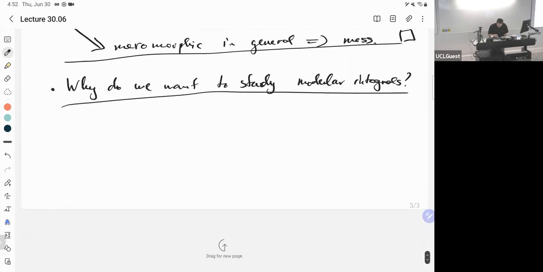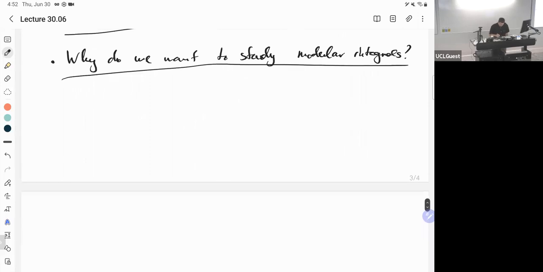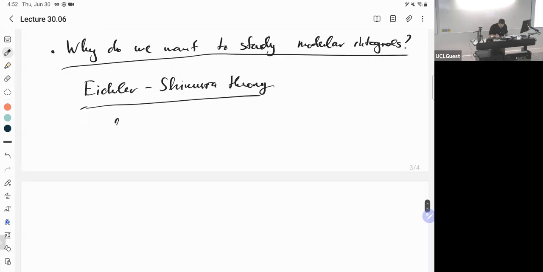One is more of interest to the people doing modular form theory. There is something called Eichler-Shimura theory. I will briefly explain what it is, but it's not of much importance for the rest of the talk. Let me just sketch what the theory is about.